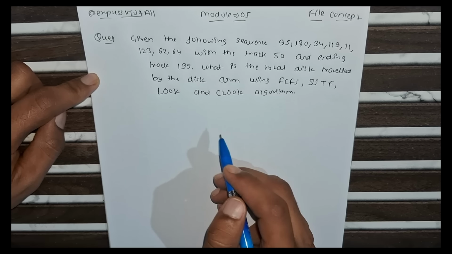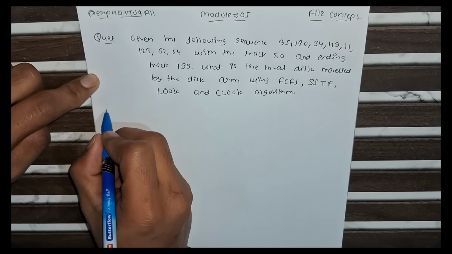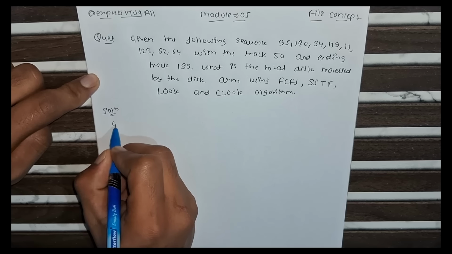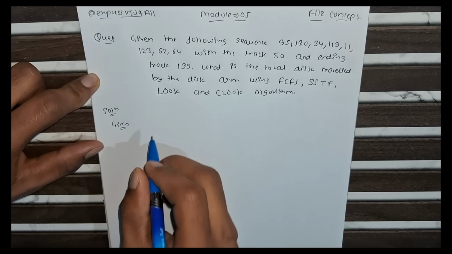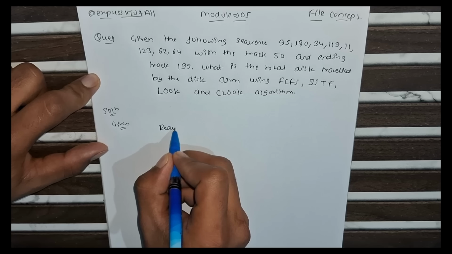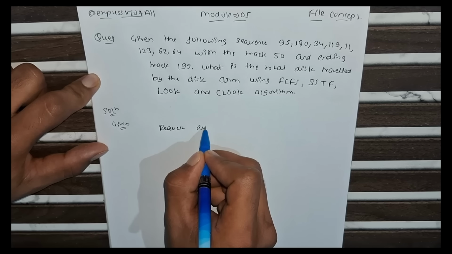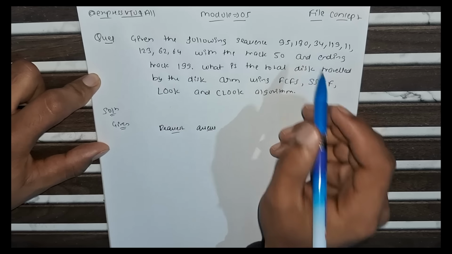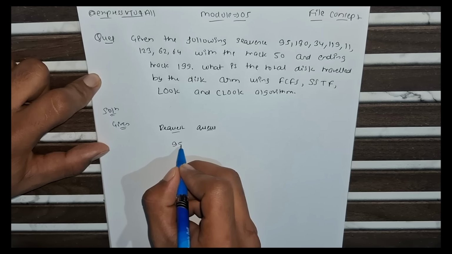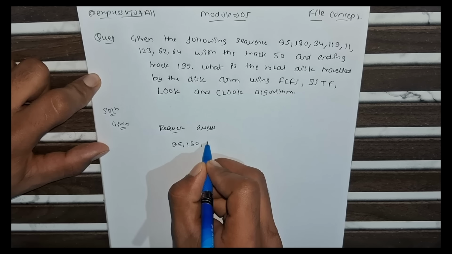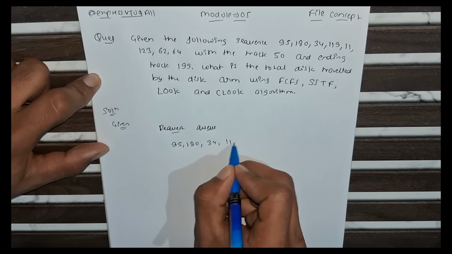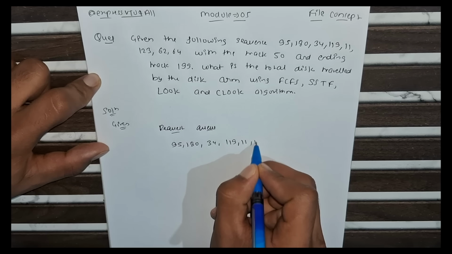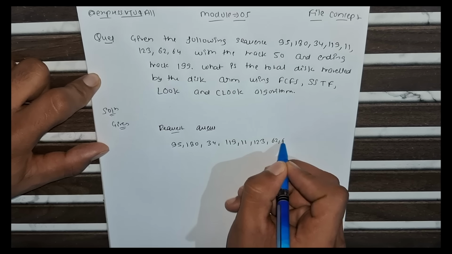First we write what is given in this question. Solution, this is given. Request queue. The request queue is nothing but the data which is given here. It means 95, 180, 34, 119, 11, 123, 62 and 64.